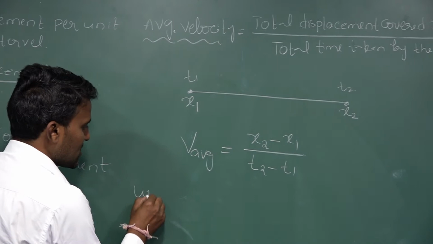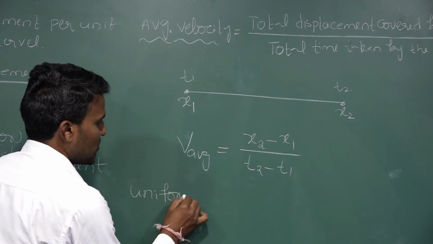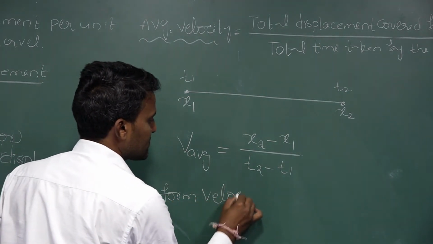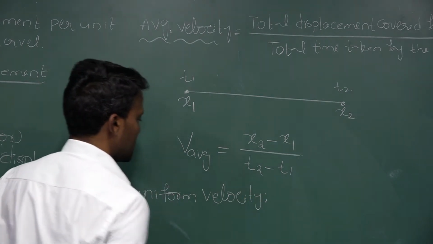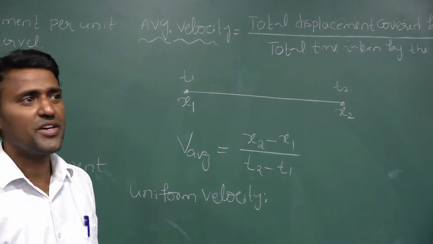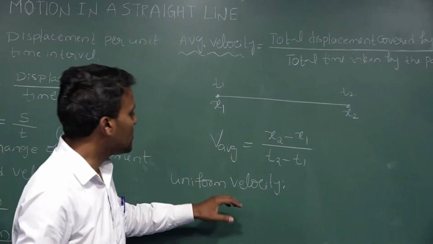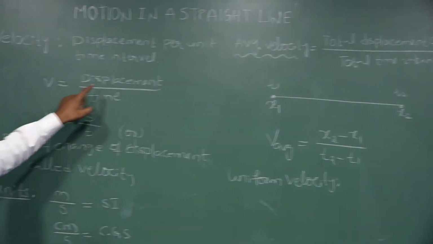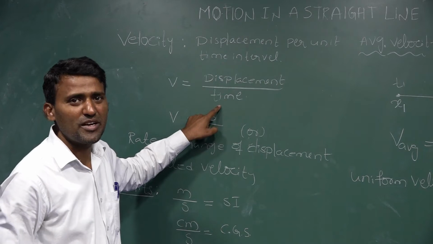Now uniform velocity. What is uniform velocity? We know velocity is the displacement per unit time interval.